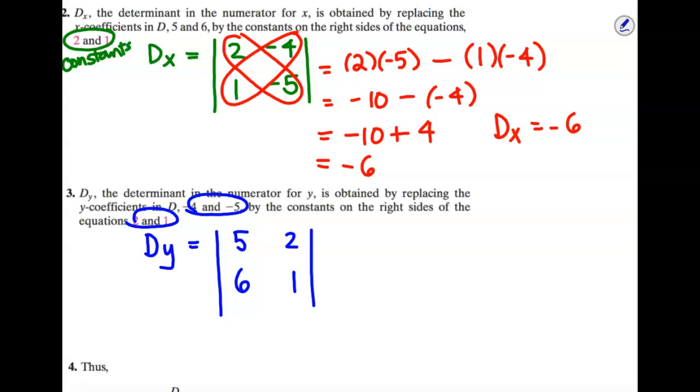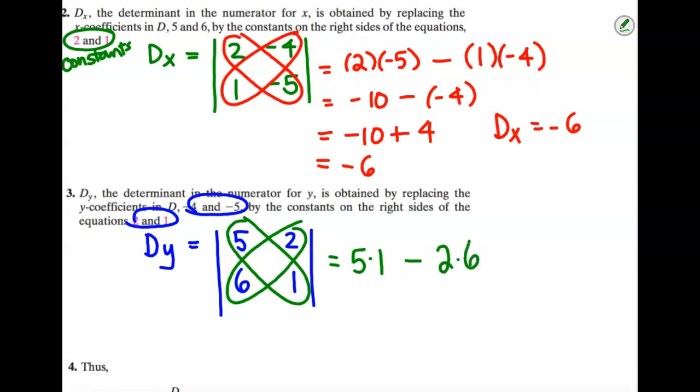Now we're ready to do the determinant again. We multiply 5 and 1 together, minus 2 and 6 together. Simplify: 5 times 1 is 5, minus 2 times 6 is 12, giving you -7. So the determinant of y is -7.